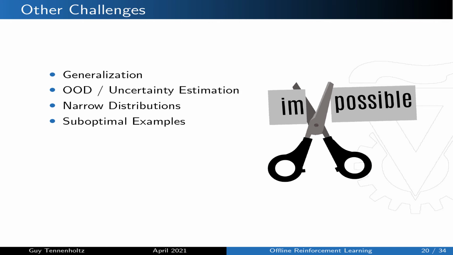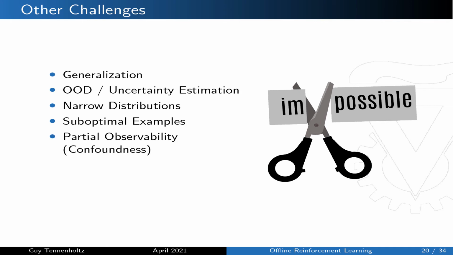But if this behavior policy is pretty bad, maybe it's random, then being similar to the policy in the data or to the suboptimal examples might be very bad. So we want to try to find methods that are able to use the data while not trying to be similar to the suboptimal parts of the data.